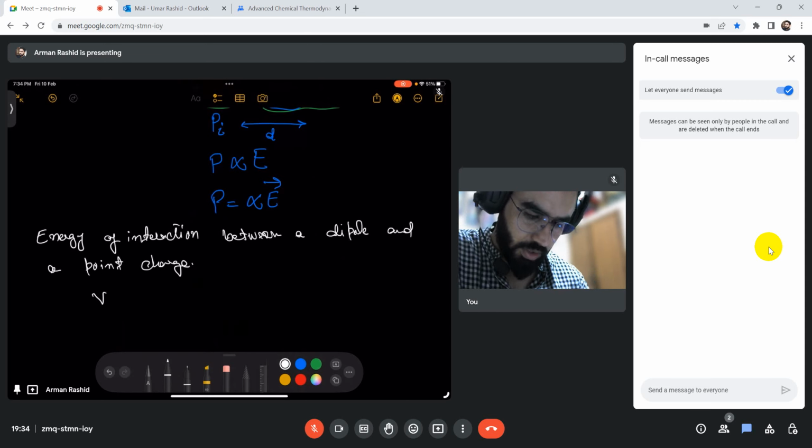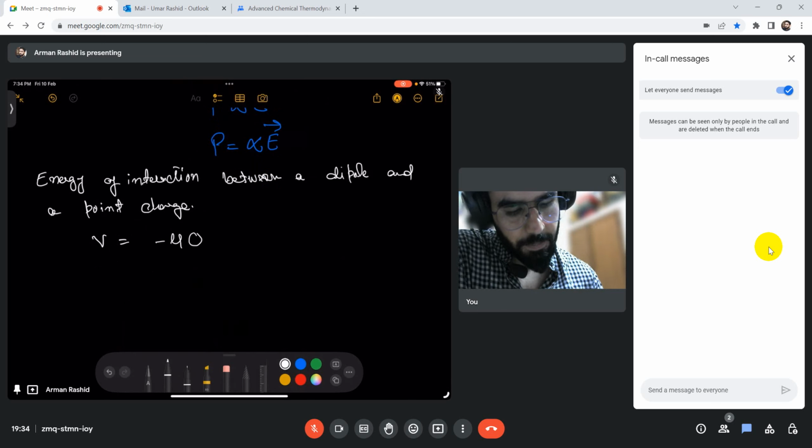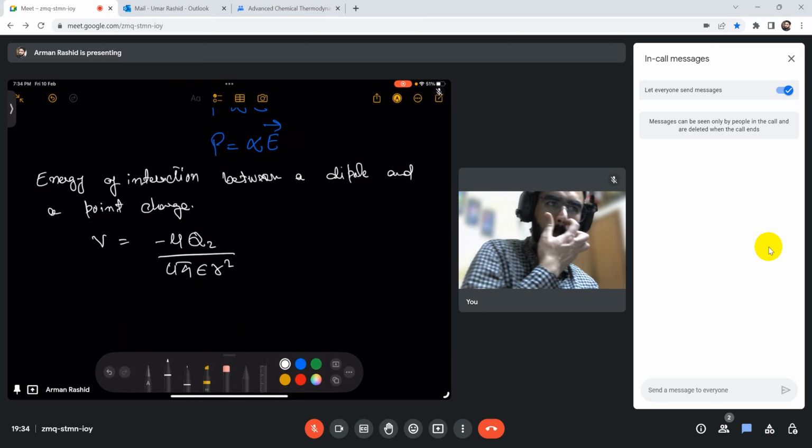So in your secondary classes you might have seen that the energy of the interaction is minus mu q over 4 pi epsilon r square, where mu is the dipole moment and q is the charge.